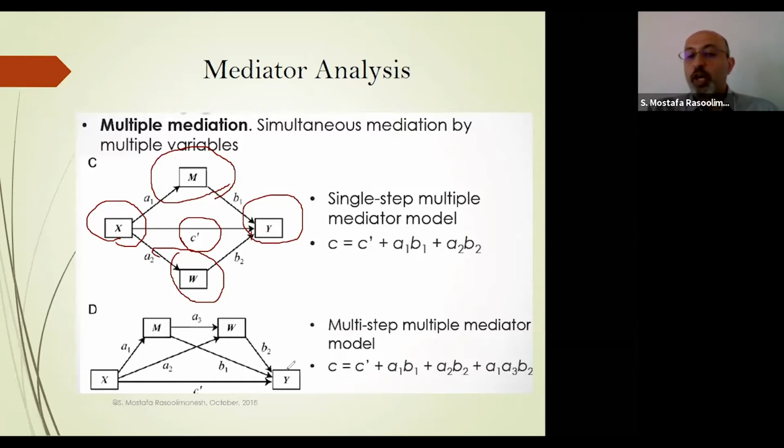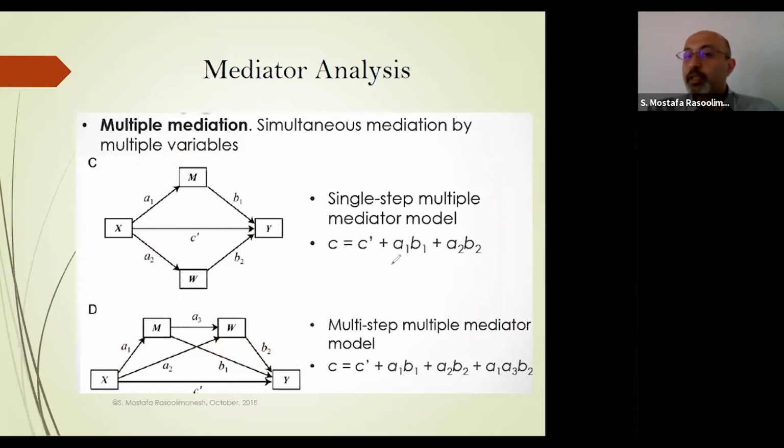So X to Y, we have C prime, we have this relationship, and we have this relationship. So we have three indirect effects and one direct effect, and all these effects are from X to Y. So in this case, we have multiple mediation.